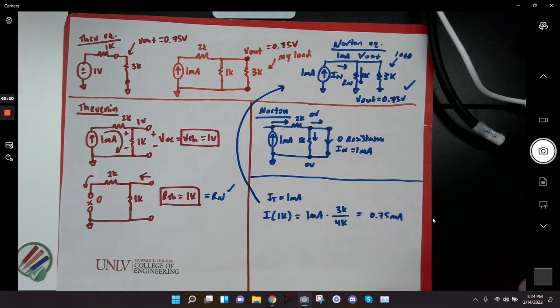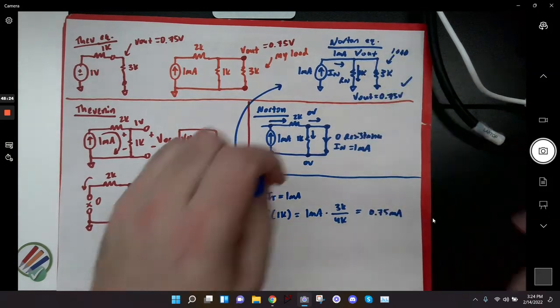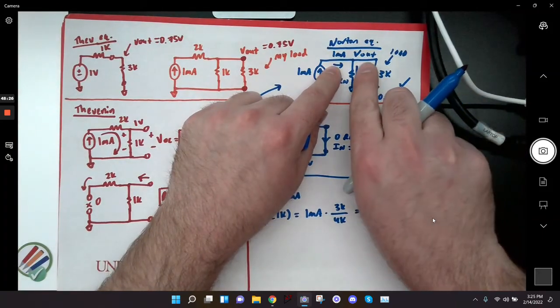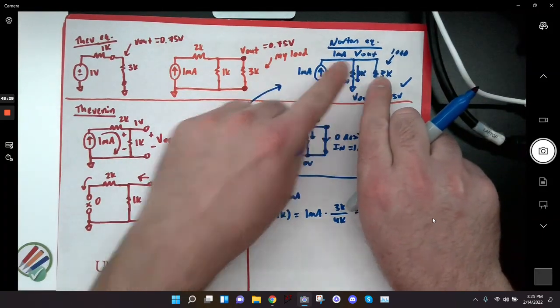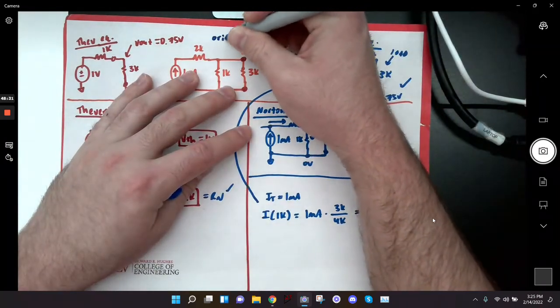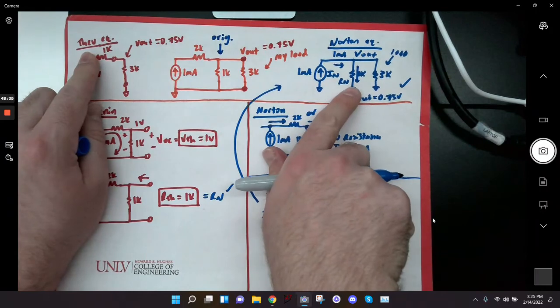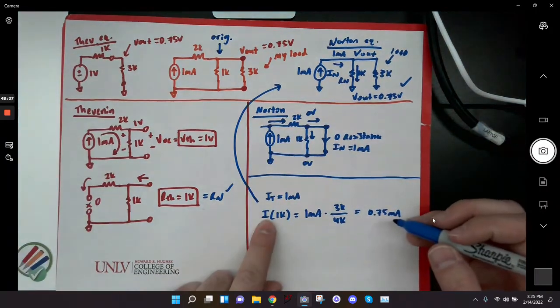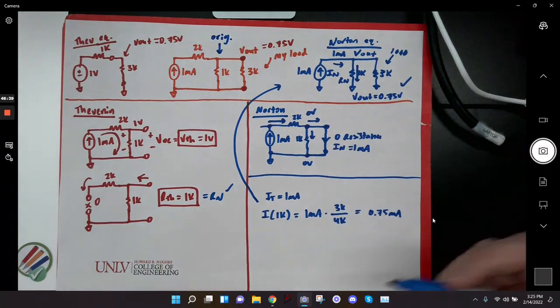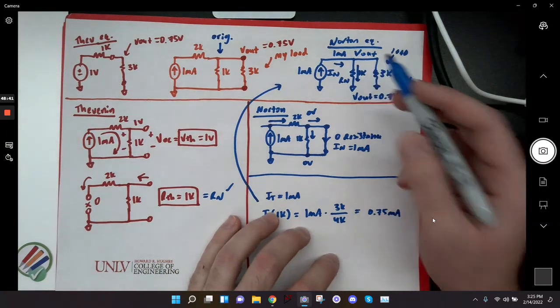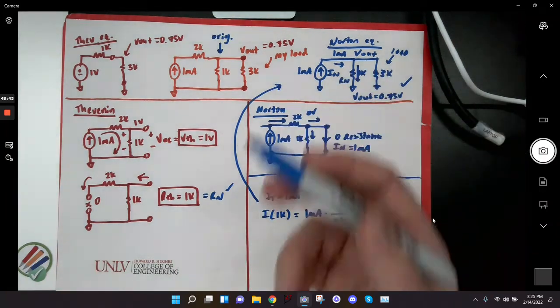Sorry, this isn't the original circuit, this is the Norton equivalent circuit with my load plugged back in. So this is my original, then this is my Thevenin equivalent, and then this is my Norton equivalent. I ran out of room up here, so I just did a little bit of work to show that my output was equal to the original output.